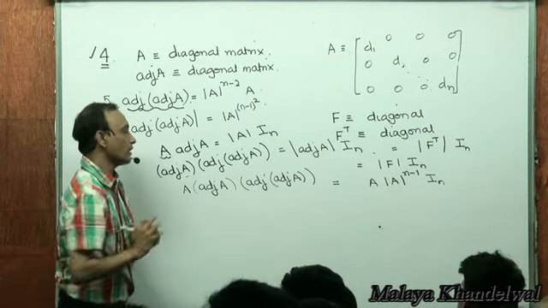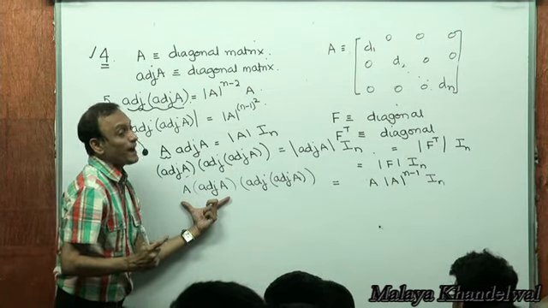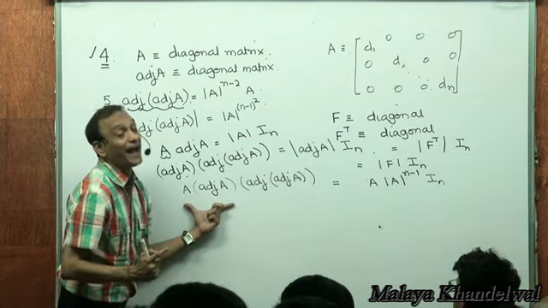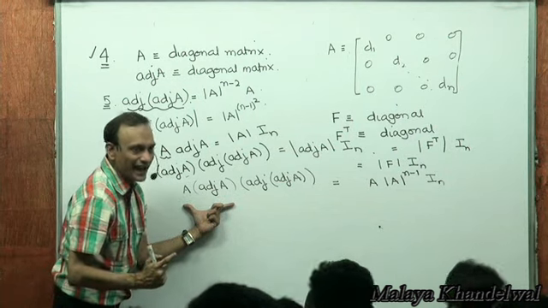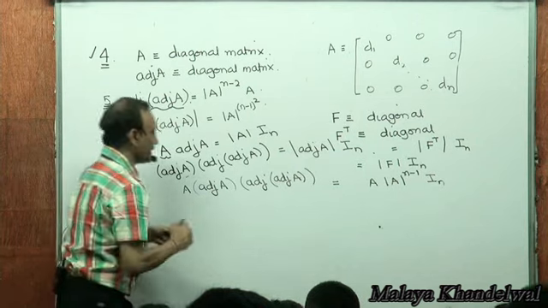But A adjoint A I know. A adjoint A is determinant A I n. Yes or no?